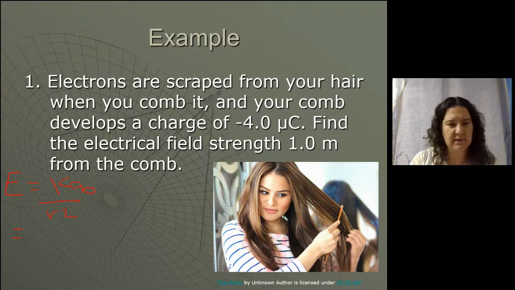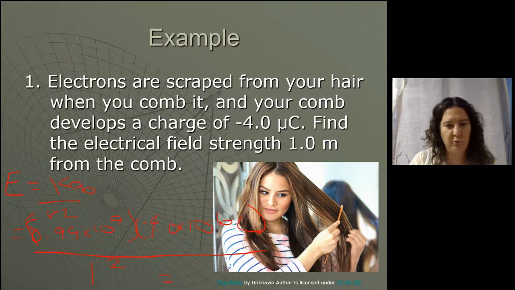Our constant is 8.99 times 10 to the 9th power. Our charge is -4.0 times 10 to the -6 coulombs, because I have to convert the microcoulombs to a number, all divided by 1 meter squared.